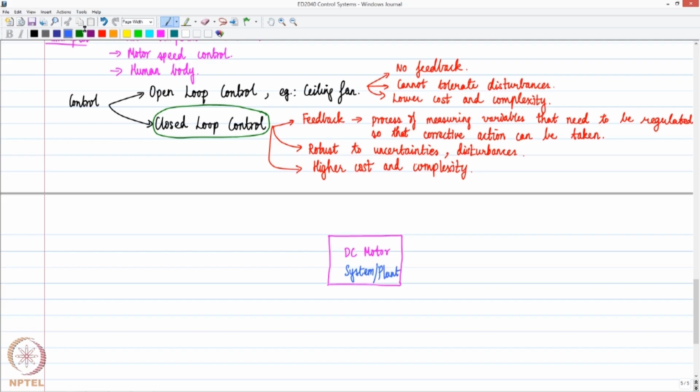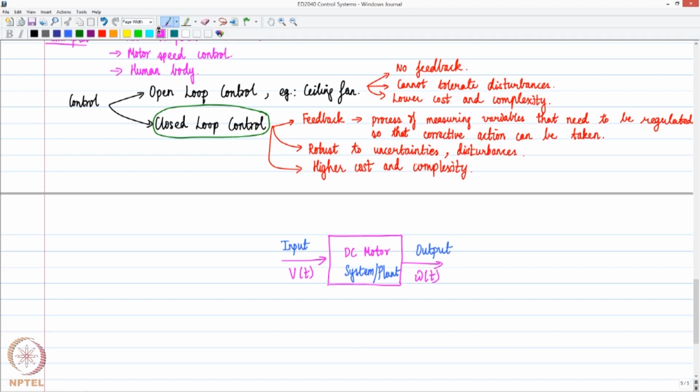And to this DC motor, let us say I provide a voltage V of t as my input and omega t is my output. So, this is my input and this is my output.